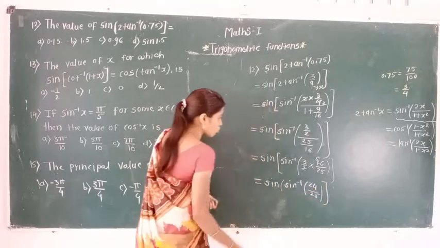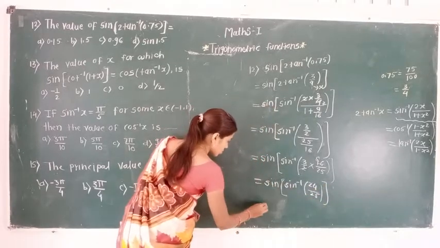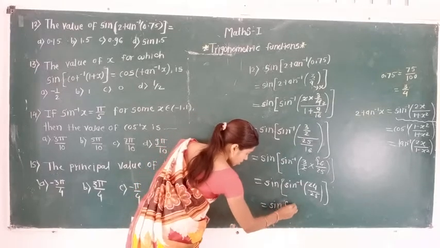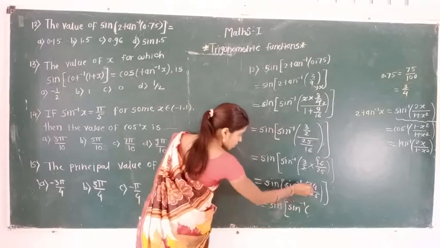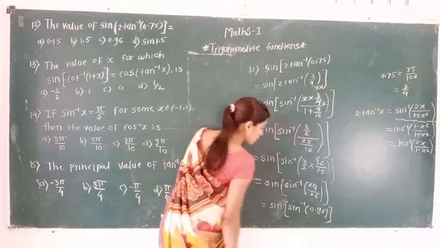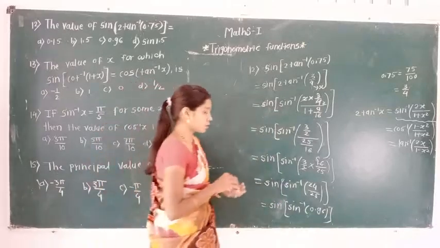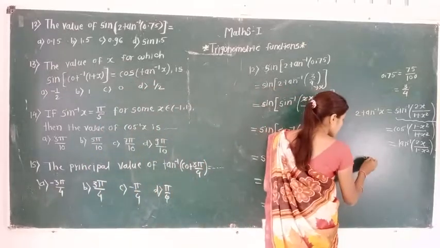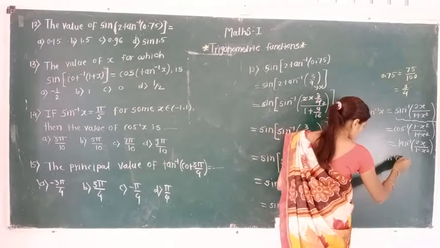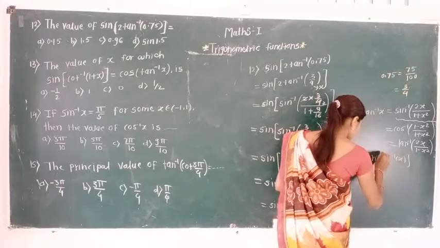So the ratio of these two terms is sine of sine inverse 0.96, and we use the property, we know that sine of sine inverse x.